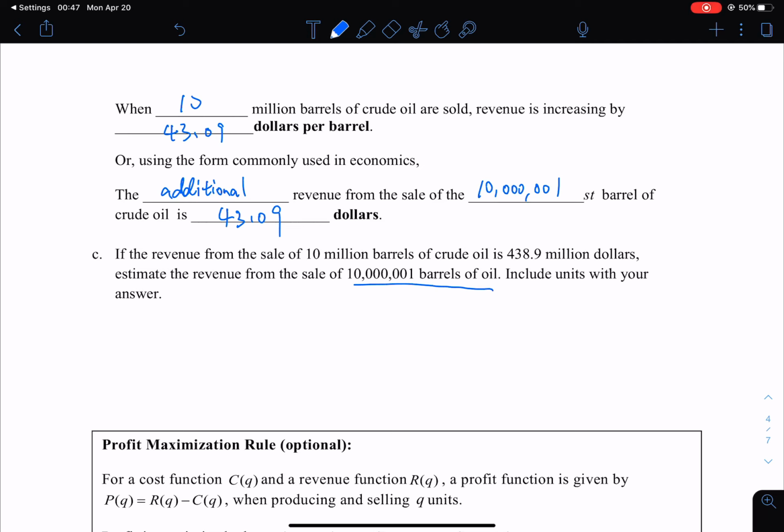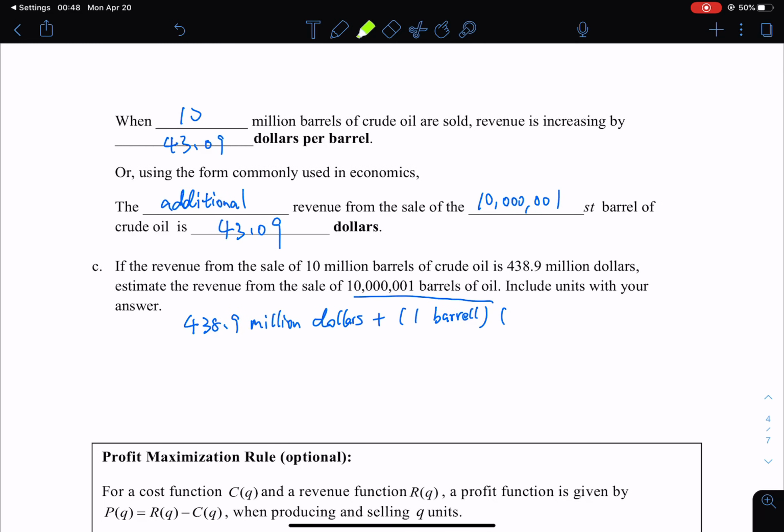So for this one, it's just $438.9 million. Plus, pay attention to the unit here. For this one, I show you all the units: plus 1 barrel multiplied by the derivative, that is 43.